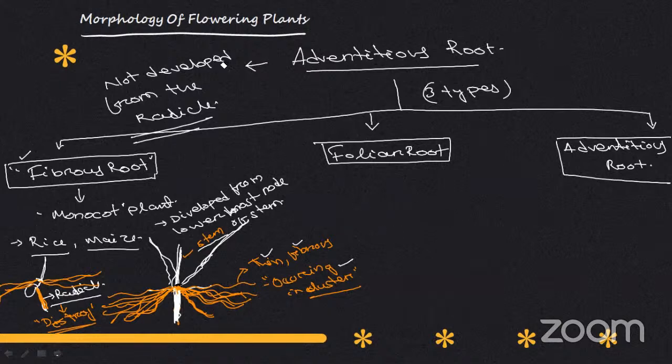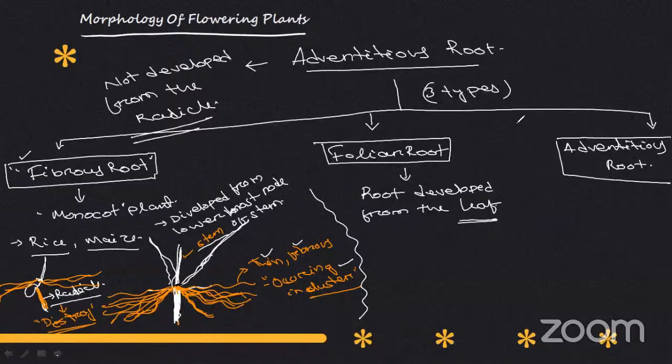Foliar root means if the root develops from the leaf, then that is called your foliar root. We have to remember that the leaf may also develop roots, and that kind of root will be called your foliar root.